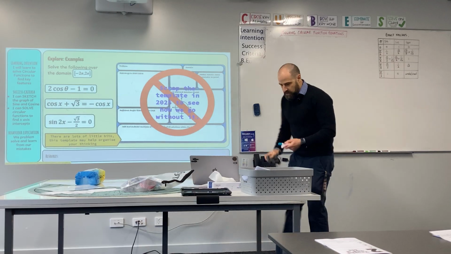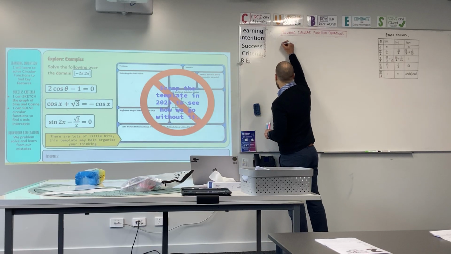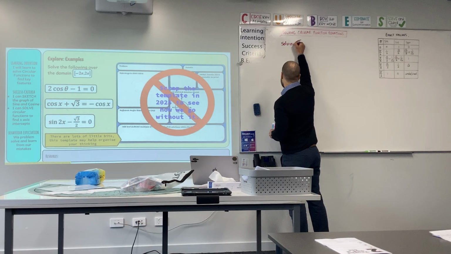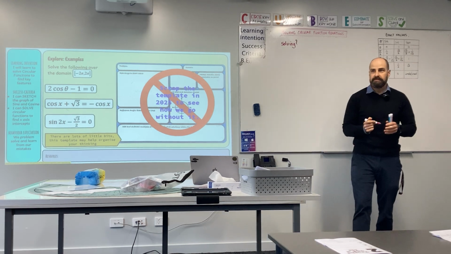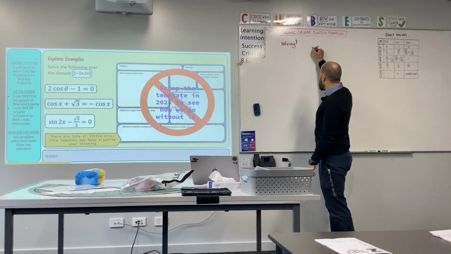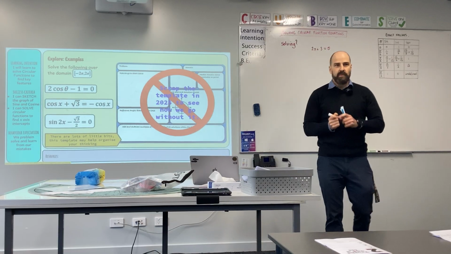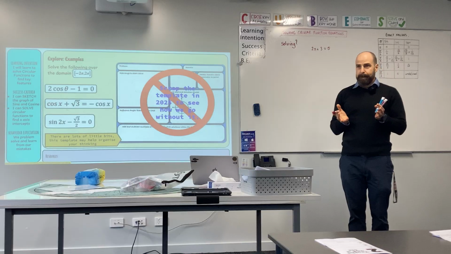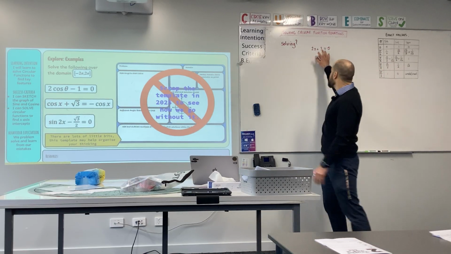All right, so first question. What is solving? If I asked you to solve this, what are you doing? We're finding out what x equals. Good. How did we do that when we did this kind of problem?